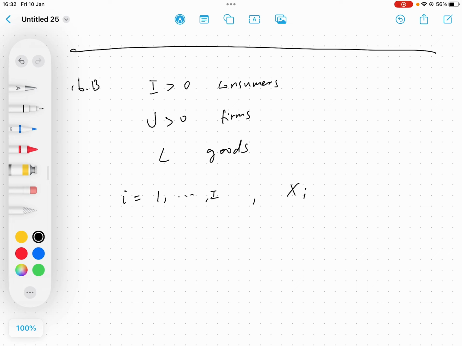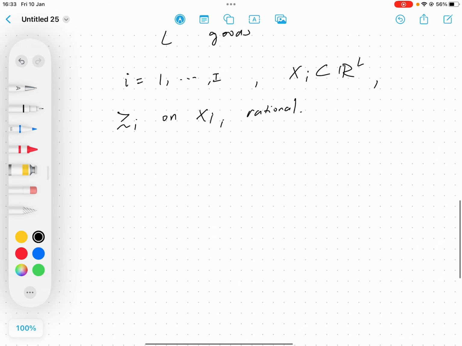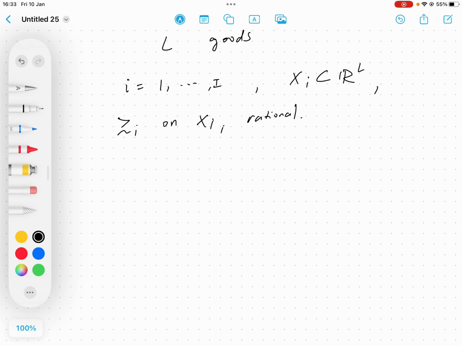So that'll be the consumption set Xi as a subset of R^L, and a preference relation defined on Xi, which is assumed to be rational. It means that it's complete and transitive. So that's the aspect for the consumers. So how about the firms? So this will be the consumer, and this is for the firms.